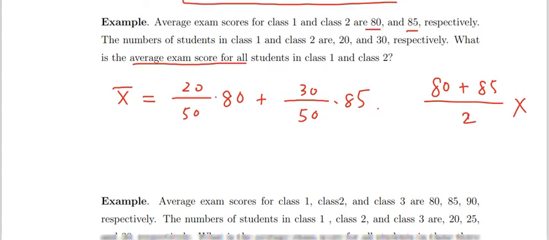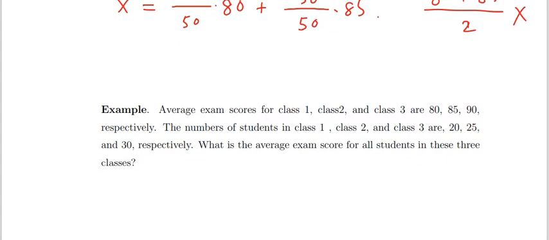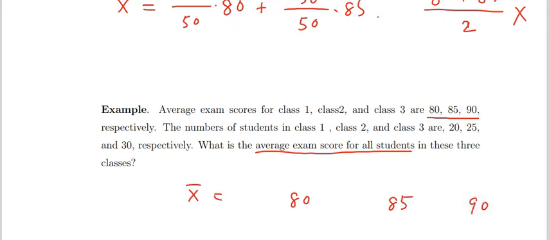So in general, if we have three classes, it's the same, right? Suppose class 1, class 2, class 3 have averages 80, 85, 90. Then what is the average for all? This average should be weighted on their number of students.